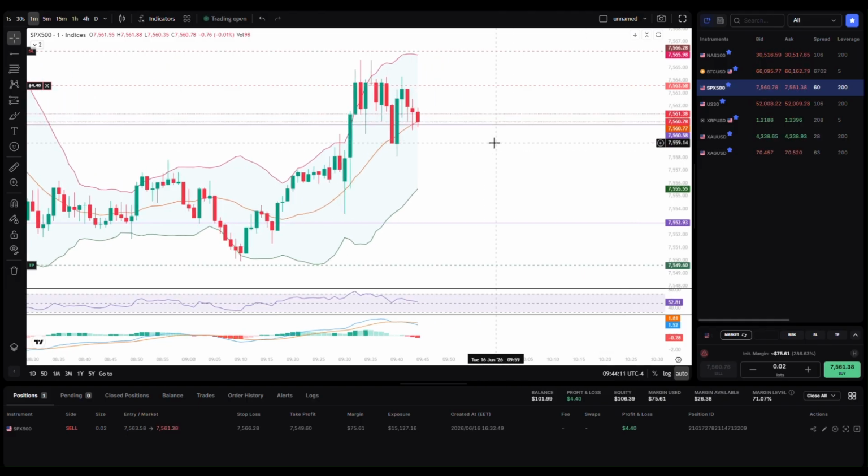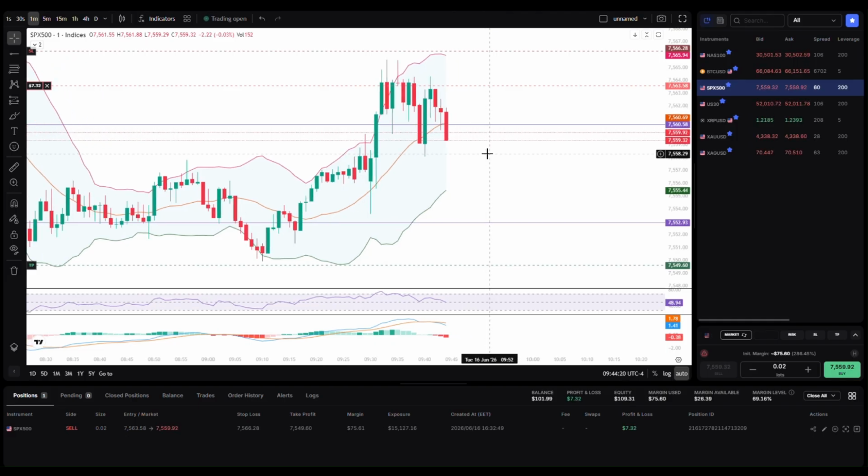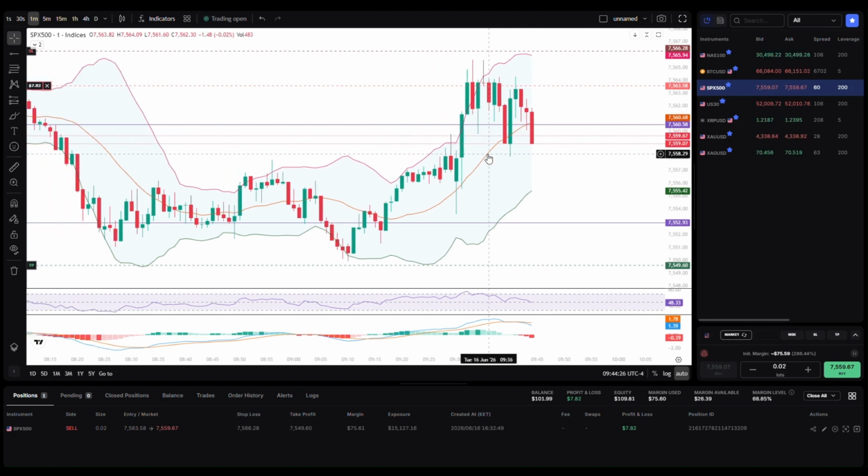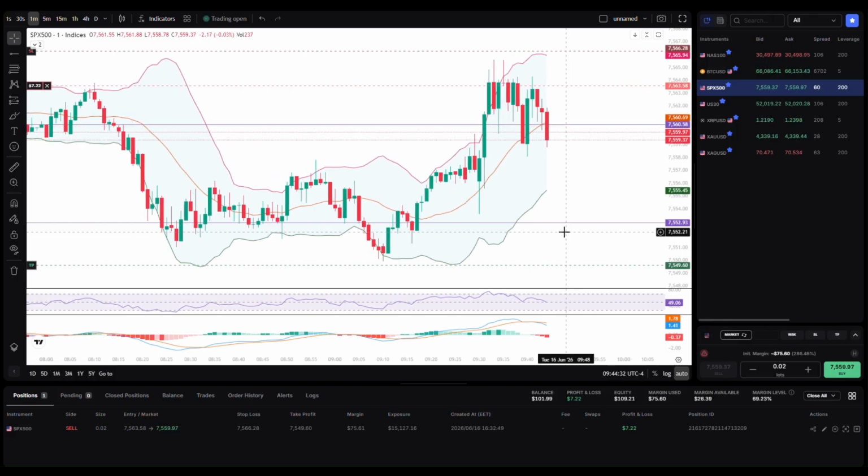If it breaks under this line, I'm gonna move my stop loss into break even. That way, if it comes back up again, I'll be at break even, so I won't be risking any more fake money because it's a demo account.